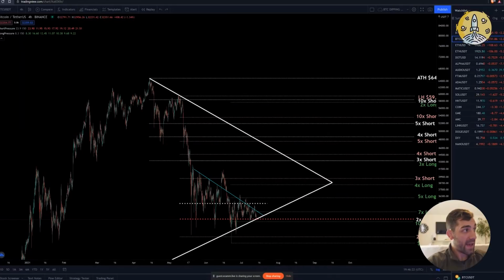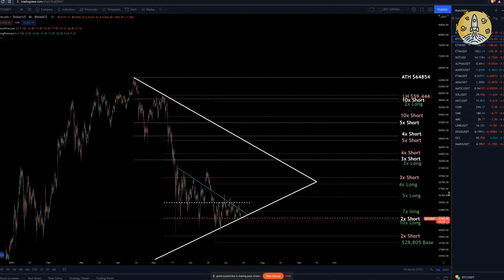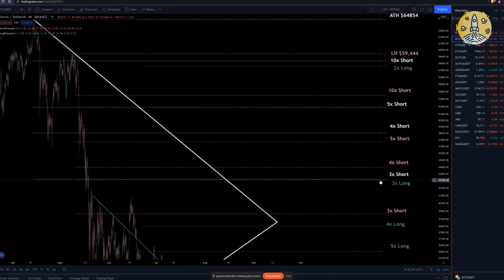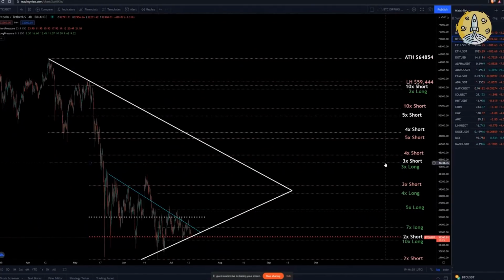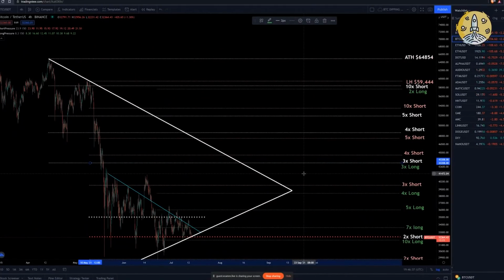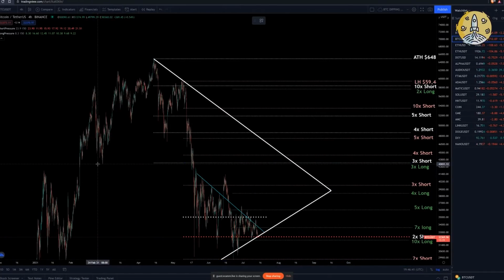Now, we have a perfect confluence between, you can barely even see it on the screen, both a white line and a green line, the 3x short and the 3x long. This level also happens to be at $43,000, where we have very strong previous local support, future resistance.